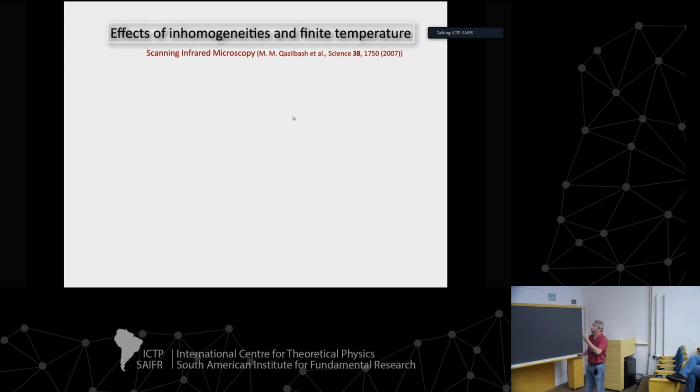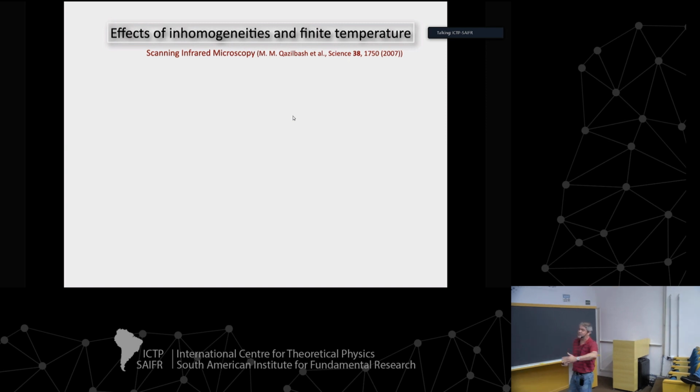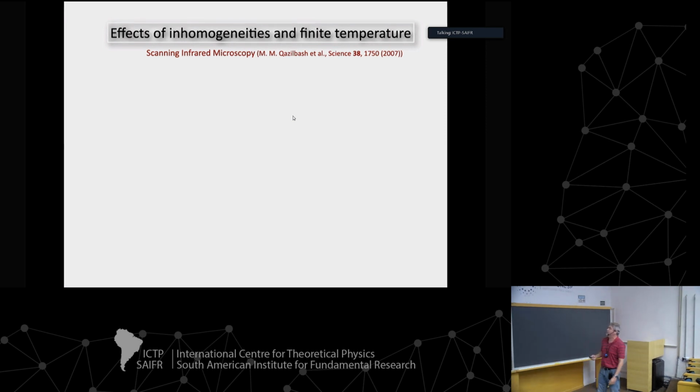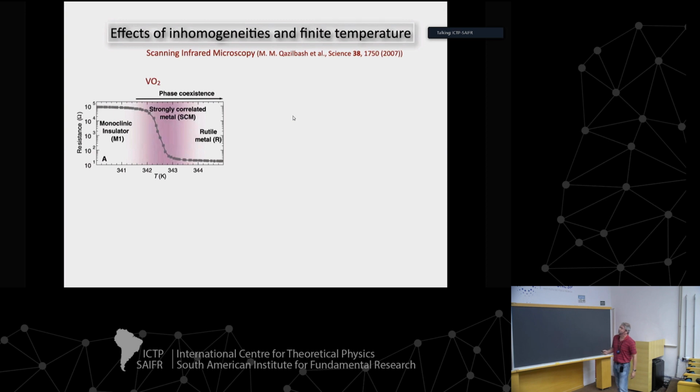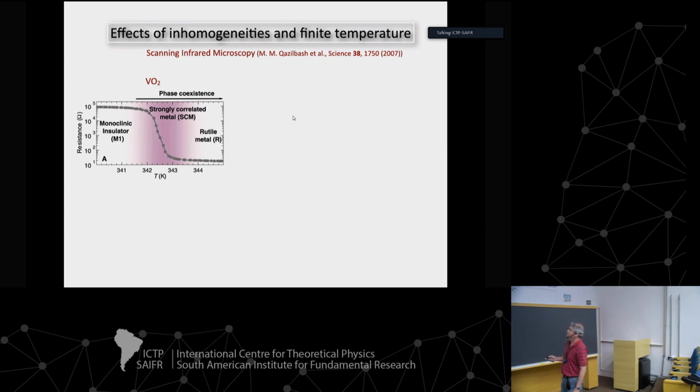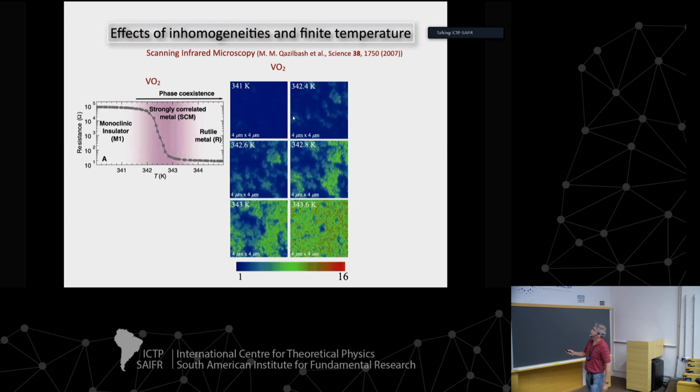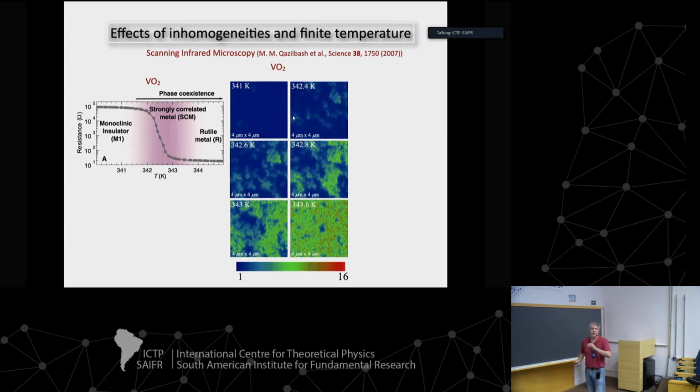Now, what I want to talk about is the effects of inhomogeneities when you introduce, for instance, disorder in a system like that. What happens? Let me show you some pictures of another important compound, VO2, that has a metal insulator transition. This is scanning near-field infrared microscopy, which has a reasonably good spatial resolution, and you can essentially measure the local conductivity of the sample.